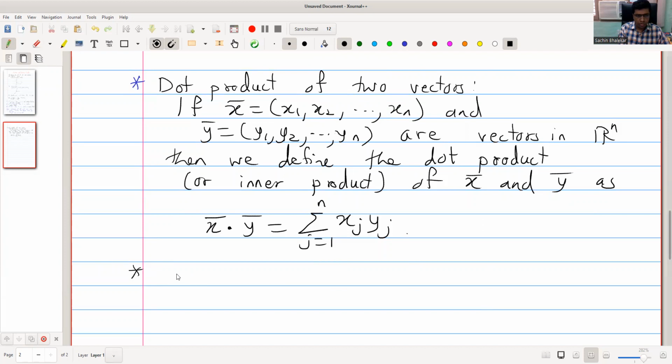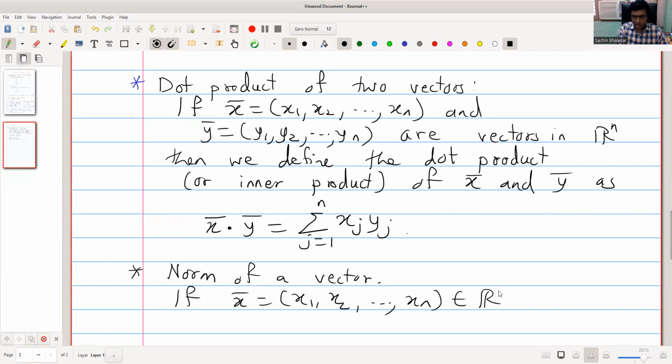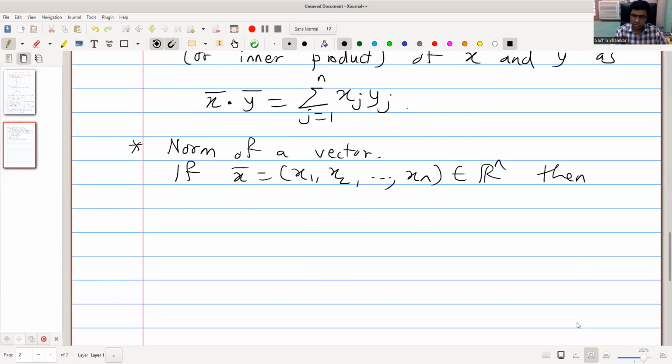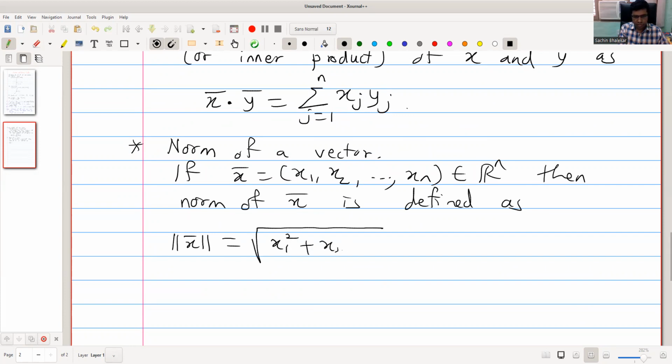Second thing is norm. Norm of a vector. If x bar equal to (x1, x2, and so on, xn) is a vector in Rn, then the norm of x bar is defined as, so this is the symbol norm of x bar, and that is equal to the square root of x1 square plus x2 square plus and so on plus xn square.